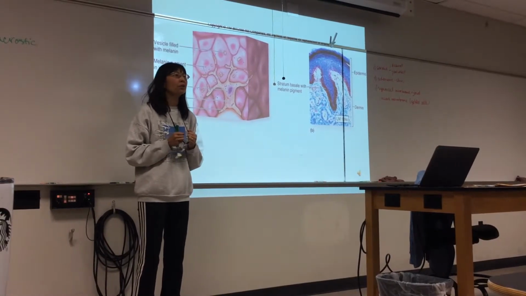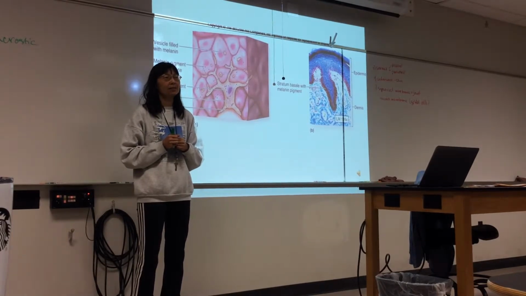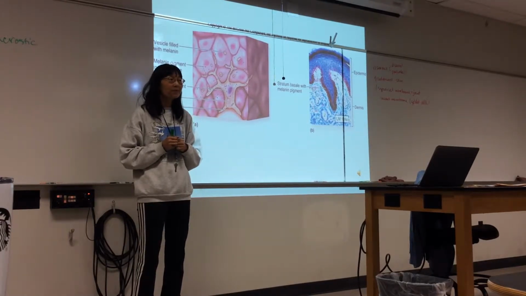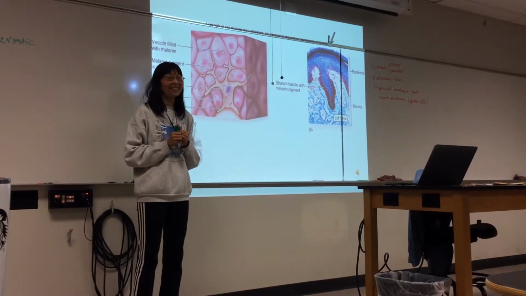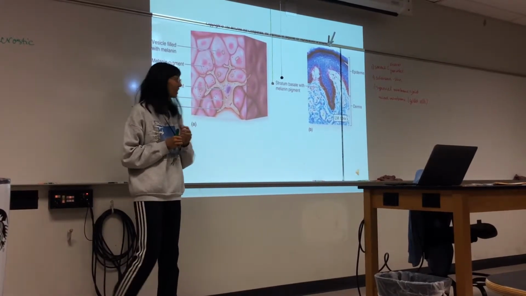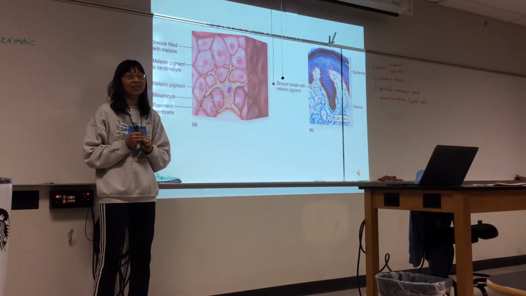Anyone remember the relationship between skin and endocrine system? Last week. Was there something melano in there? Yeah, there was. Okay, so give me the rest of it. Melano what?